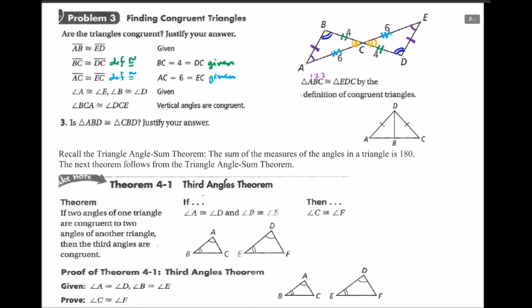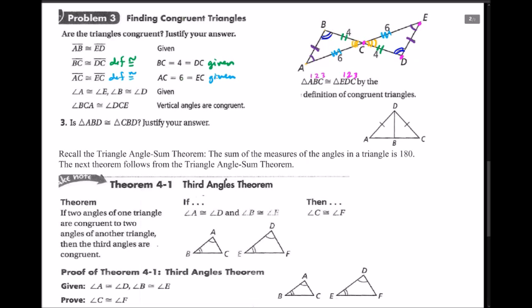So take a look here. Look at vertex A. It is the angle mark 1. Vertex B is the angle mark 2, right? It's got 2 congruent marks. And vertex C has 3 congruent marks. So when we go over to the other triangle, we know that we need to go 1, 2, 3. So it is congruent to triangle EDC.